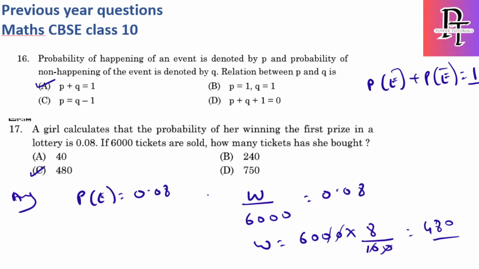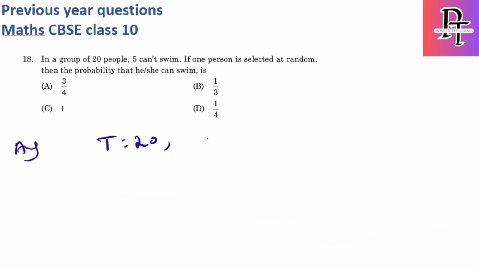Okay, let's solve 18th one. In the group of 20 people, so total is 20. 5 cannot swim, so let's write it as cannot swim, 5.